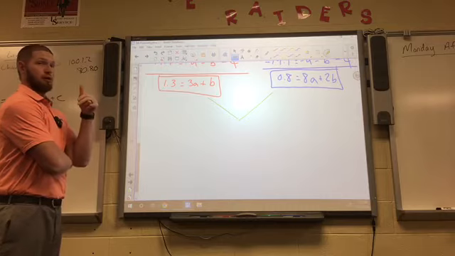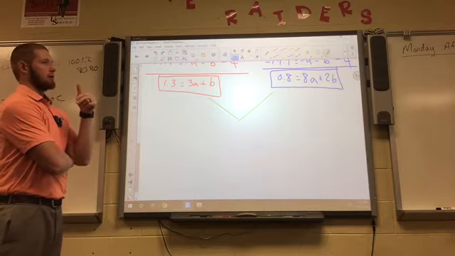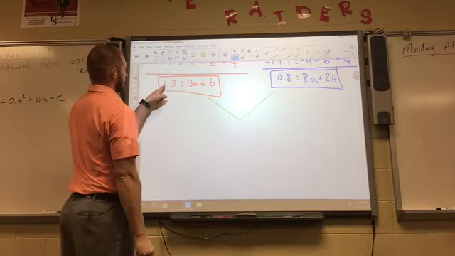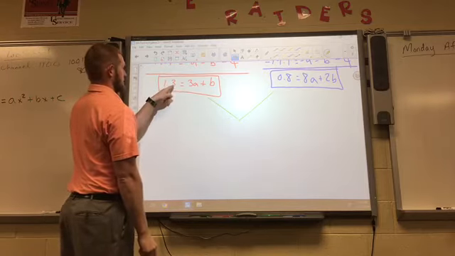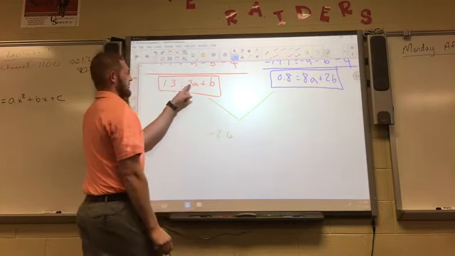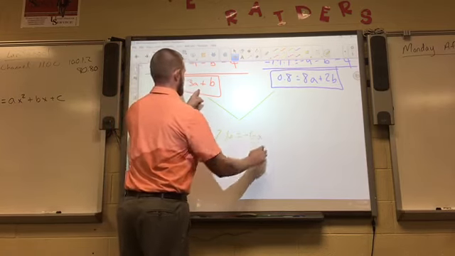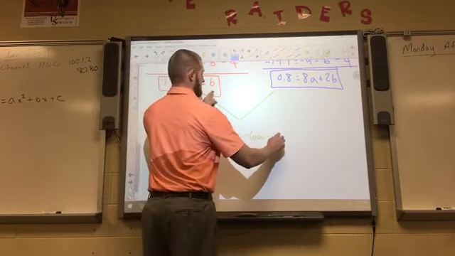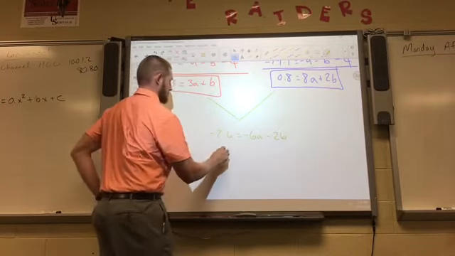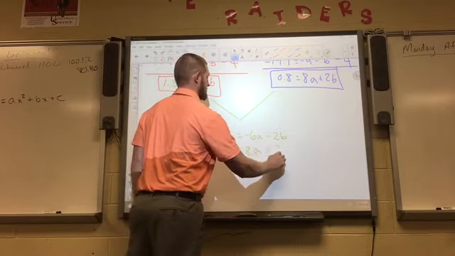The red one by a factor of negative 2. So negative 2 times 1.3 is negative 2.6. Negative 2 times 3a is negative 6a minus 2b. Okay, and then this one's okay. So I have 0.8 equals 8a plus 2b.